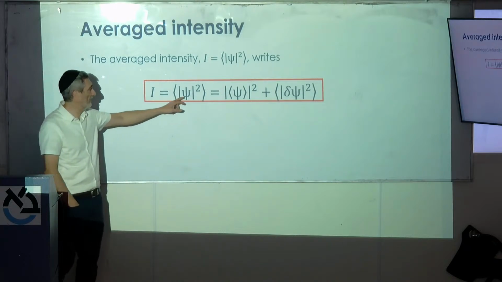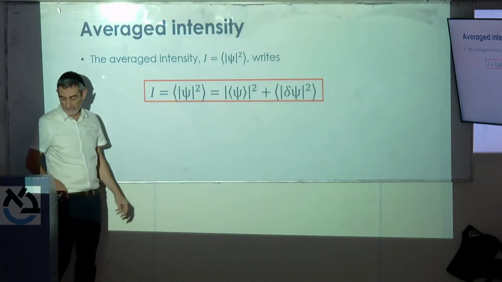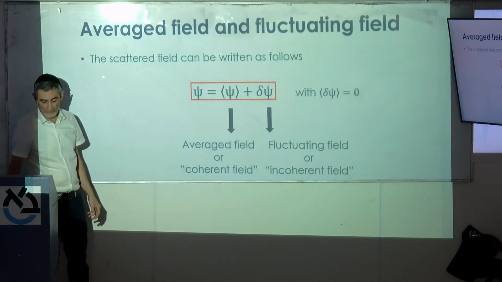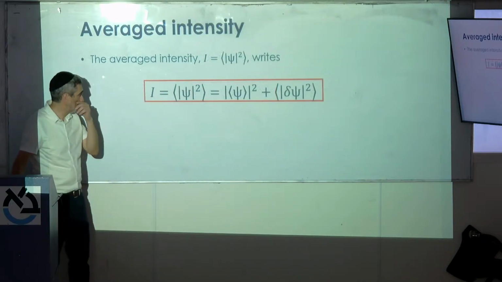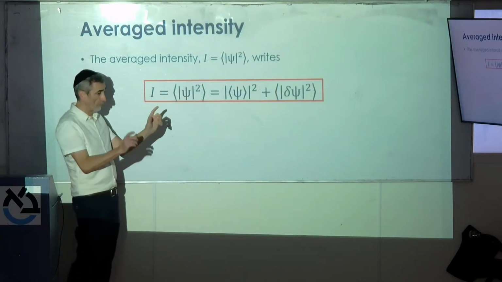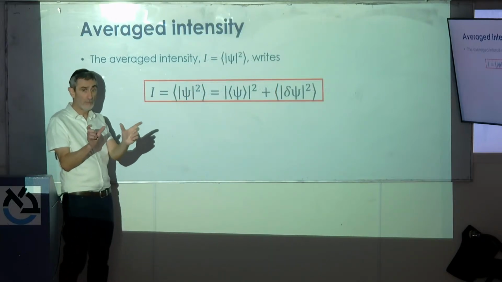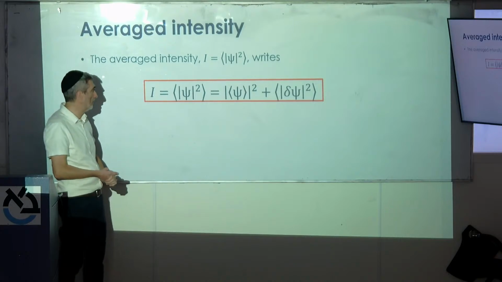If you write psi as we define it here, psi is psi average plus delta psi, you have the product of these two terms, one times the other one conjugated.